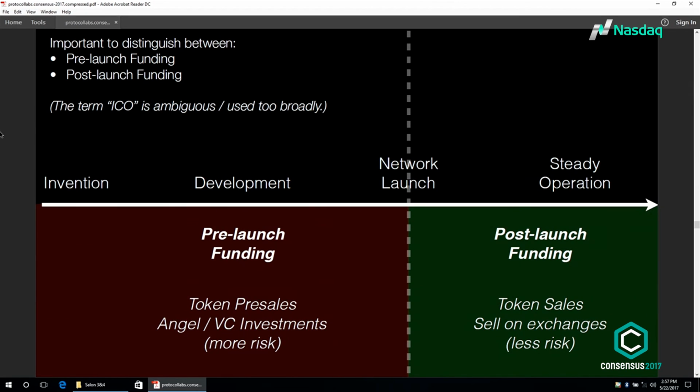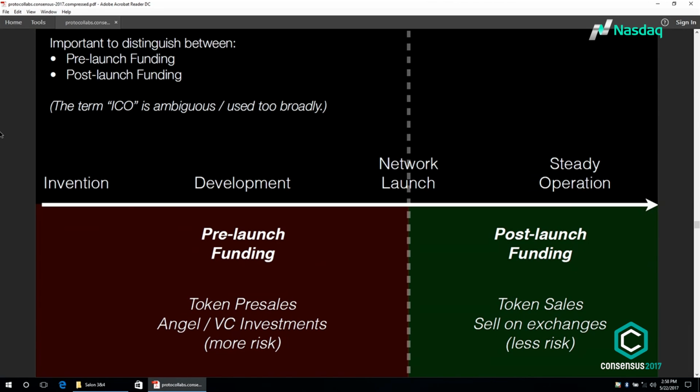And so when we approach this, it's really important to distinguish between two events, or two times: before launch and after launch. The term ICO that a lot of people use is ambiguous in this case, because a lot of people use it both for what we term a pre-sale, and sometimes as a sale.